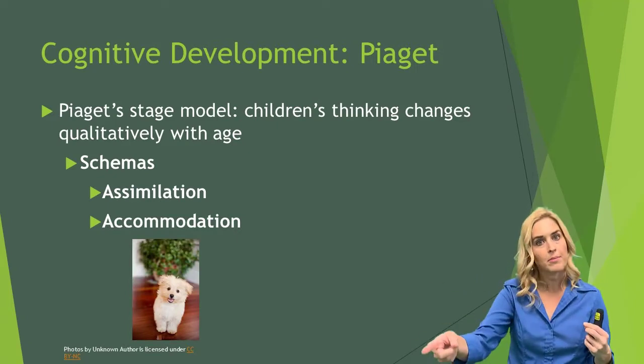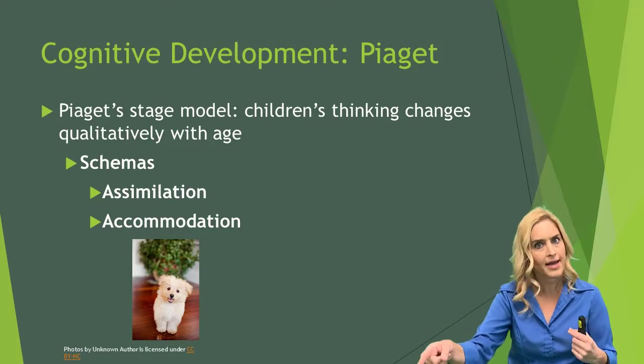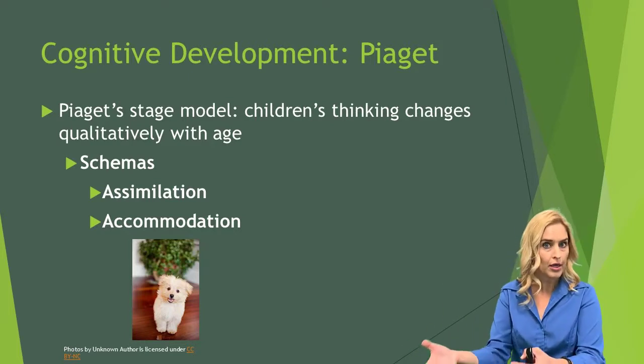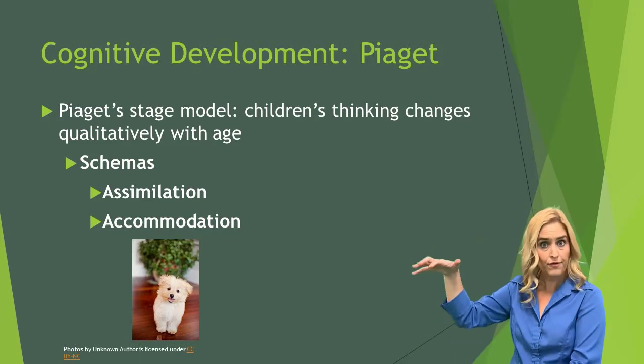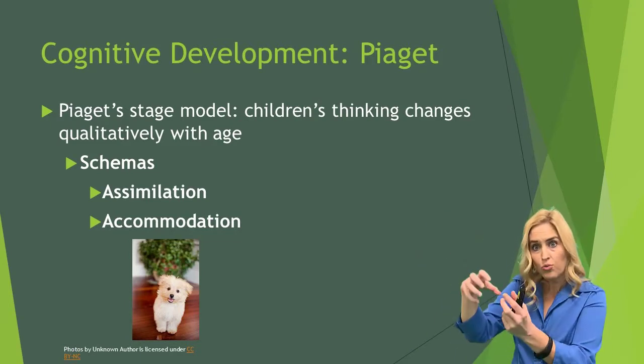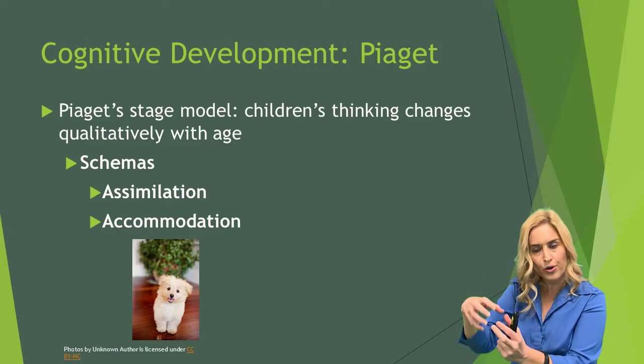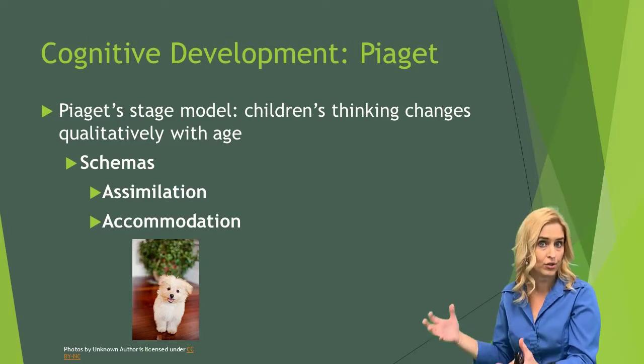And so maybe my child looks and says, okay, what is that? And I say, oh, that's a dog. So now they have to fit their schema to fit a 95-pound black lab as well as this tiny little poodle that fits into the category of dog.